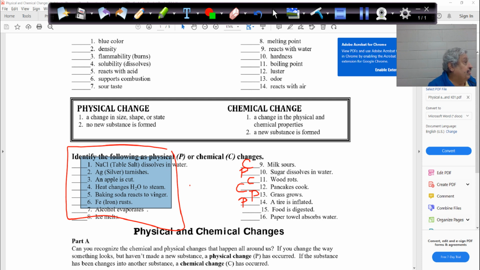But you cannot open somebody's stomach and get the piece of meat back again. Can I get the piece of meat back again? No, no. So therefore, this is what? Chemical. Anytime I can't reverse the process, that's chemical. Paper towel absorbs carbon. So is that chemical or physical?